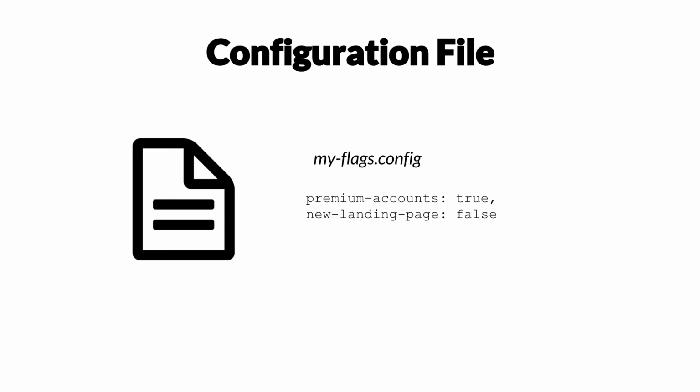This means that we've now decoupled the release of the feature from the release of our code. We can release a set of code and have the feature off and turn it on at a later date without needing to make a new update of the application.